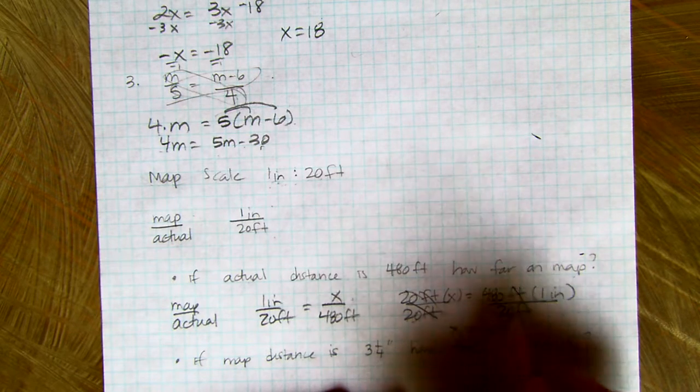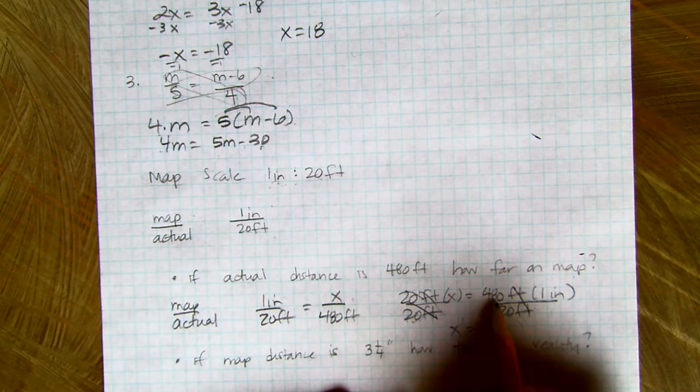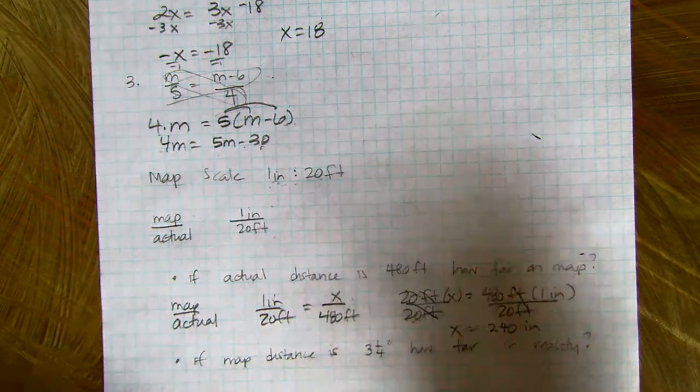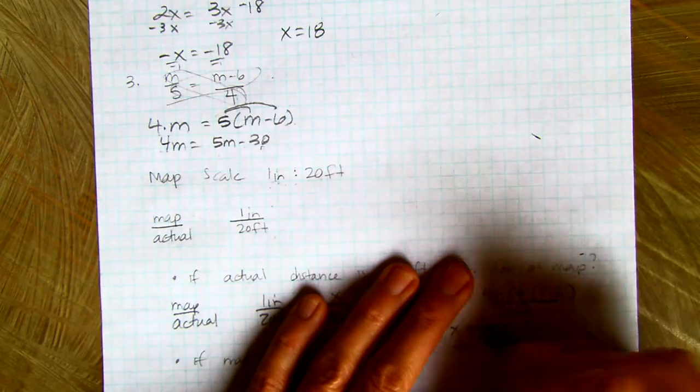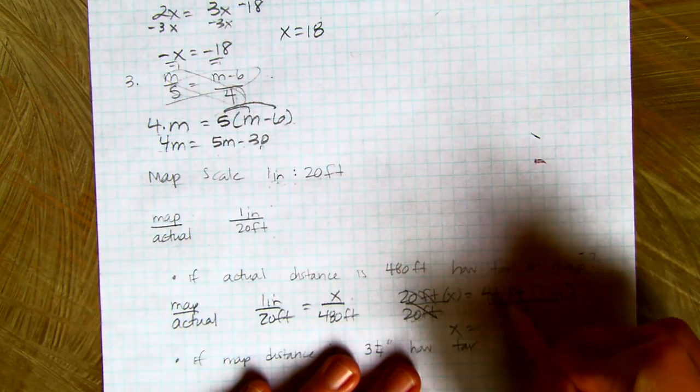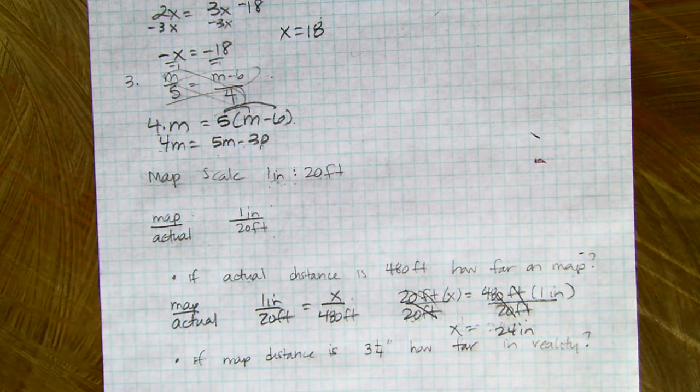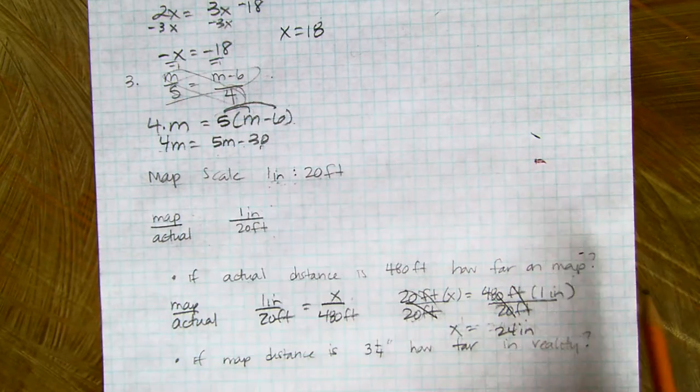And this would be 240 inches. 24. Wow, I'm on a roll, aren't I? The 0 is 48 divided by 2 is 24 inches. That's big on the map. I feel like I'm doing something wrong. 1 inch is 20 feet.